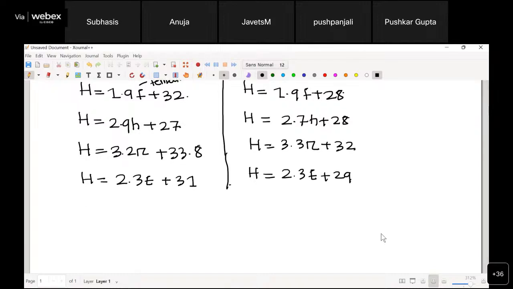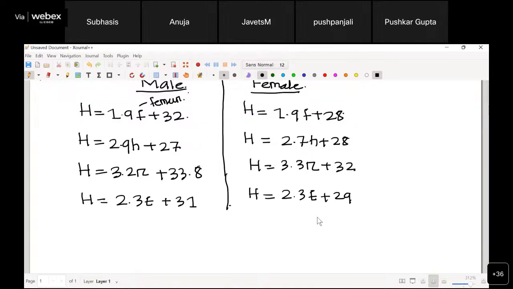As you can see, you have some approximation of the height using the length of the bone. What is the name for humerus? Yeah, H, right? For the male, this is the approximation of the height using the humerus bone. Using this, you can compute the approximate height.